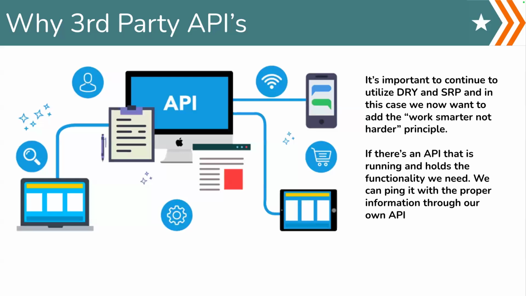But there's already APIs out there that have done this entire process, went out to separate banks and signed all the legal paperwork that they need to be able to have access to data as long as a user consents to it. Now through our server, we can host their API, giving our clients the ability to see their banking data through our projects by simply interacting with this third-party API.